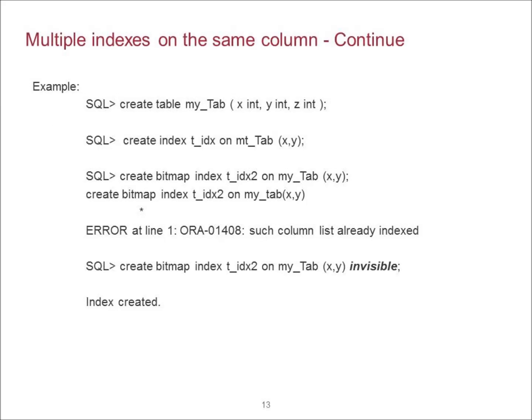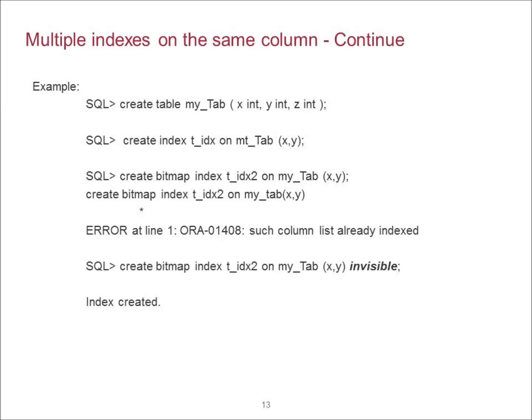So let's look at an example. In this example, I'm creating a table called my tab, and I have 3 columns. Then I'm creating an index on the XY columns, and this is the B-tree index. Now I'm creating a bitmap index. If you look at it, you will see the error.